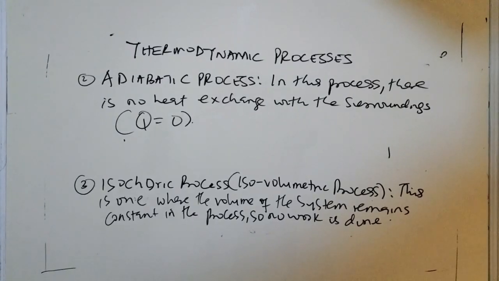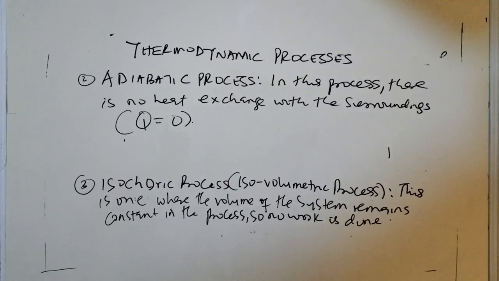So we have treated the first thermodynamic process, which we call the isothermal process, in which we say that in such a process, temperature remains constant. The next thermodynamic process is called the adiabatic process. In this process, there is no heat exchange with the surroundings. The quantity of heat is zero.